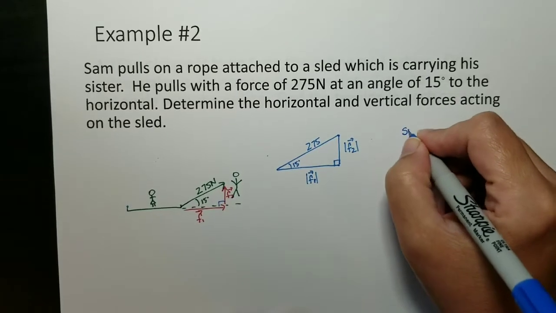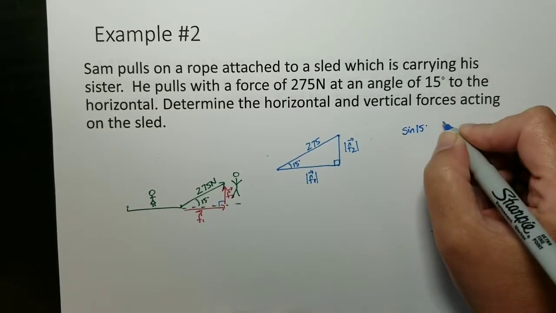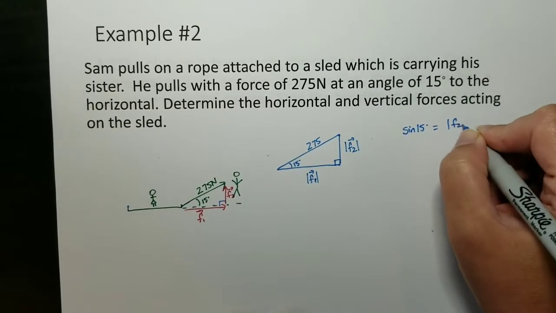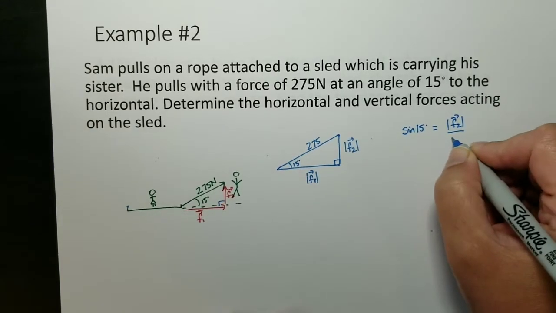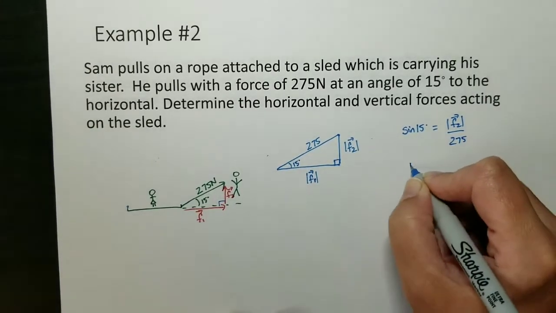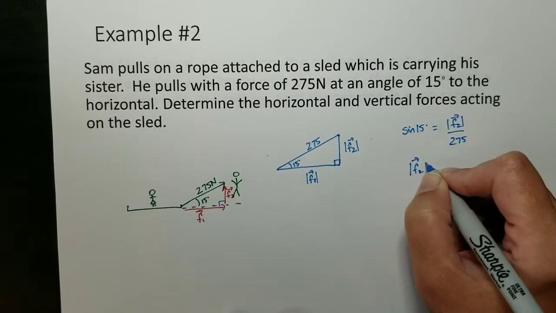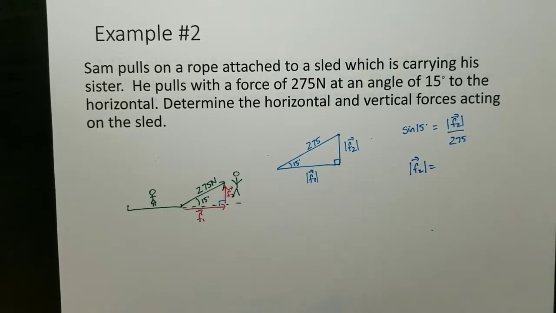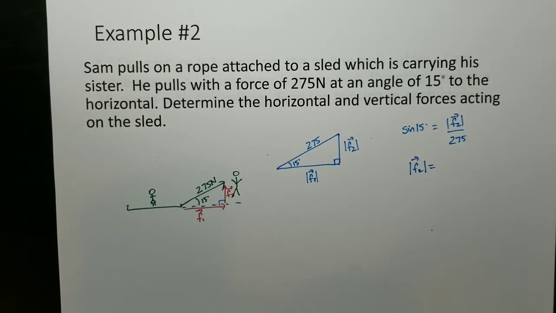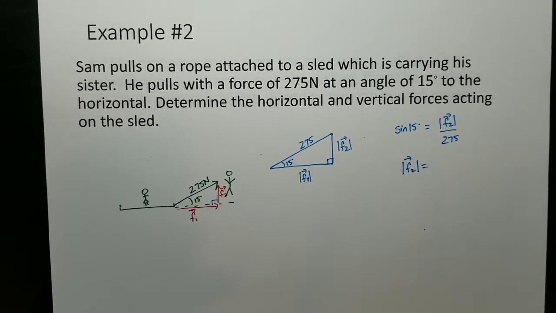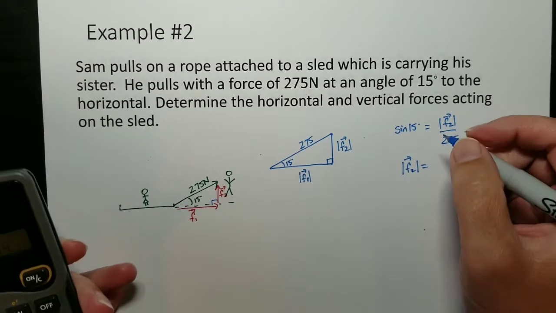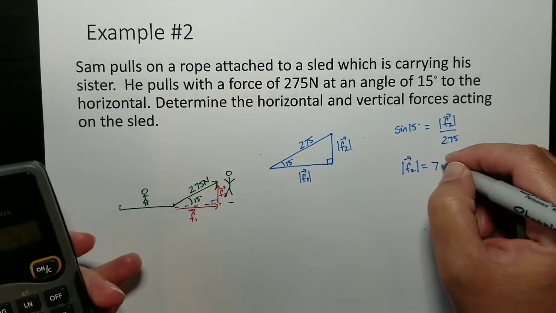So I would say sine 15 degrees is the magnitude of F2 over 275. Which gives me a vertical component of 71.18 newtons.